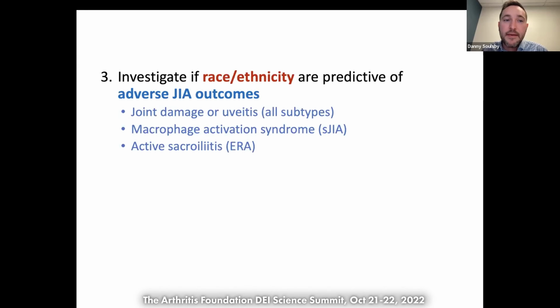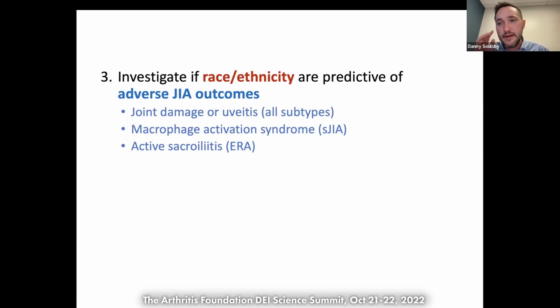And our third aim is to investigate race and ethnicity and adverse JIA outcomes, I guess more directly clinically interpretable outcomes, because not everybody understands what a CJDAS score means. So there are a few adverse outcomes that are captured by the CARE registry, including joint damage and uveitis, which could be applicable to all JIA subtypes.